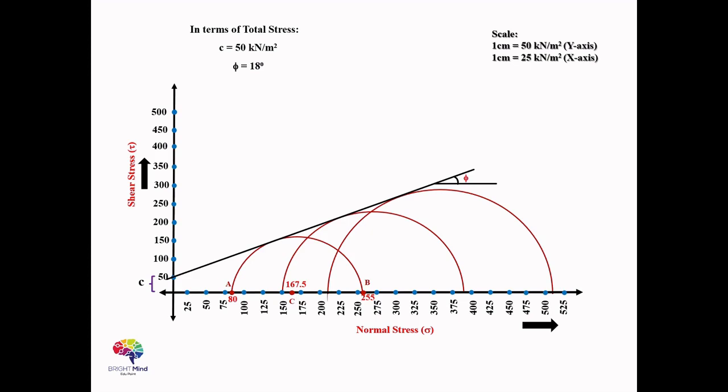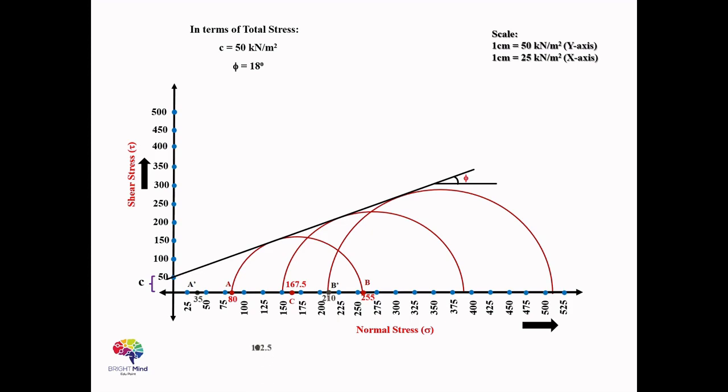We'll follow similar steps to find the shear stress parameters of the soil in terms of effective stress. We'll first plot the sigma 3 dash value, that is 35, and we'll label it with A dash, and then plot the sigma 1 dash value, that is 210, and we'll label it with B dash.